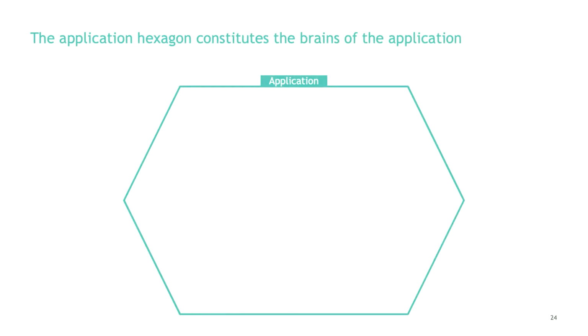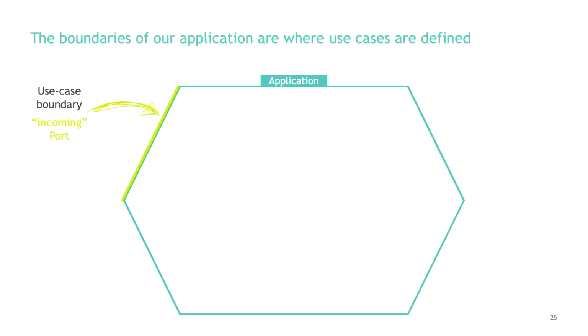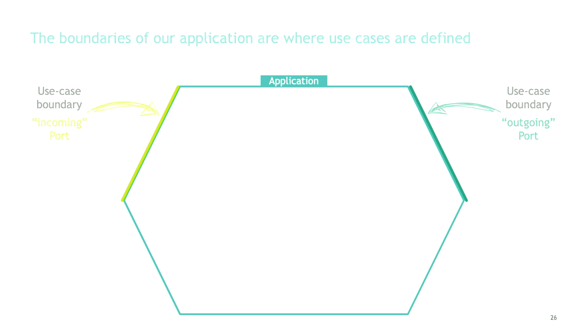And as I mentioned in the beginning when I talked about ports, ports are the entry points into our application, and this is also where we define our use cases. So the boundary right there in green is then where we define our incoming port. And on the other side, we have an outgoing use case boundary, so for outgoing ports.